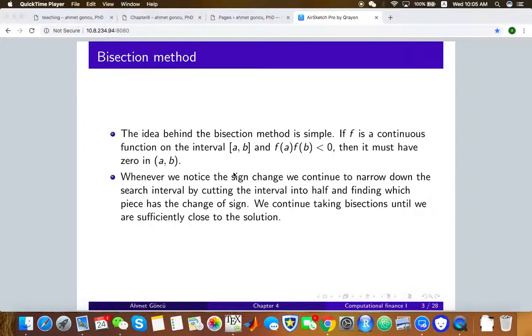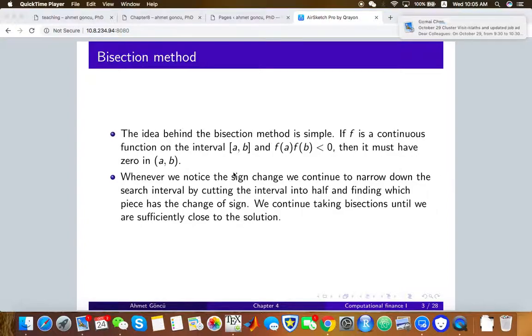But we will see also two fundamental algorithms in this chapter, which are basically the bisection method, the first one, and the second one will be Newton's algorithm. These are very fundamental and for a long time used by scientists for finding the roots of different equations.